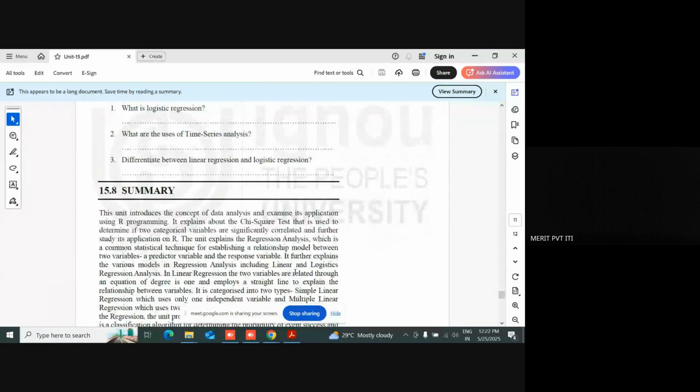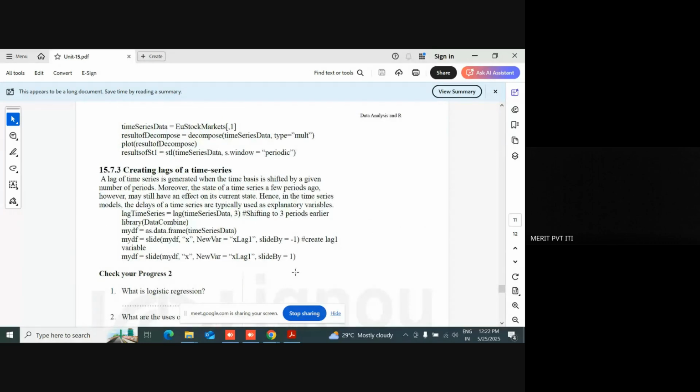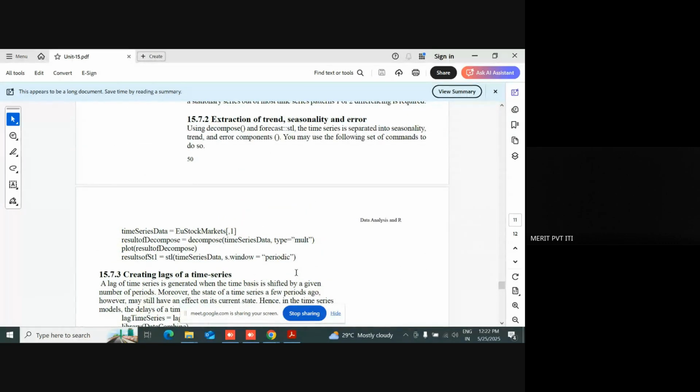So this is the summary of this. So again software is given. You are knowing this statistic. You know what is time series. You know how to use time series for prediction. You know how it is done. So this is what is done here.